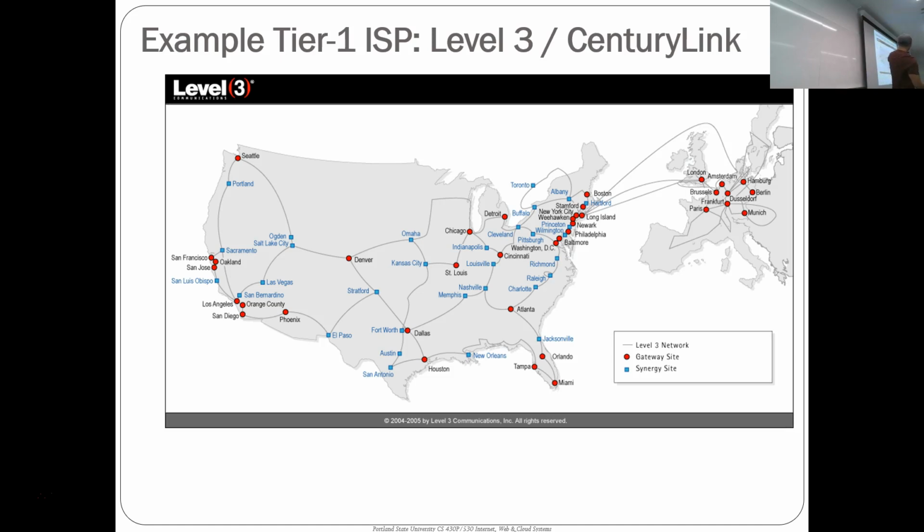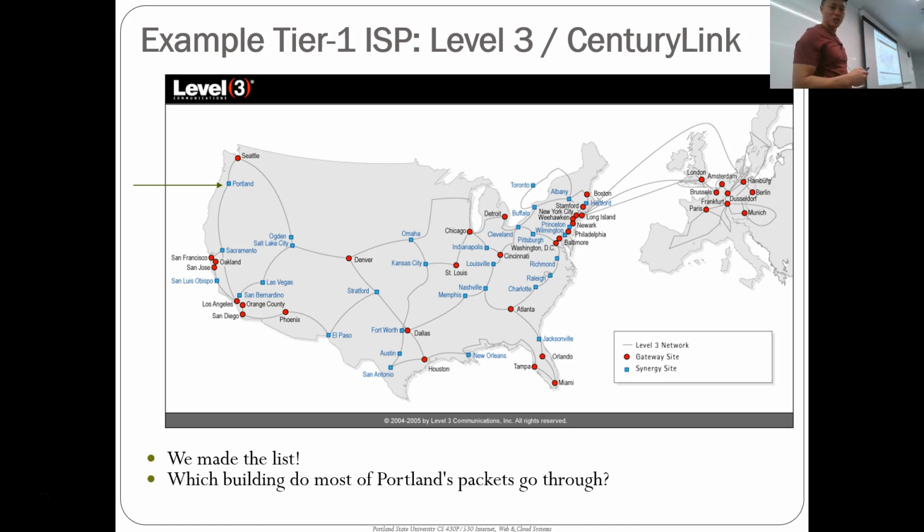And so this is what you'll see in a Tier 1 network, nationwide or international coverage, peering points in every single one. Okay, so you can see that, hey, Portland made the list, right? There we are. We're worthy of having a peering point for CenturyLink. And sure enough, we do.